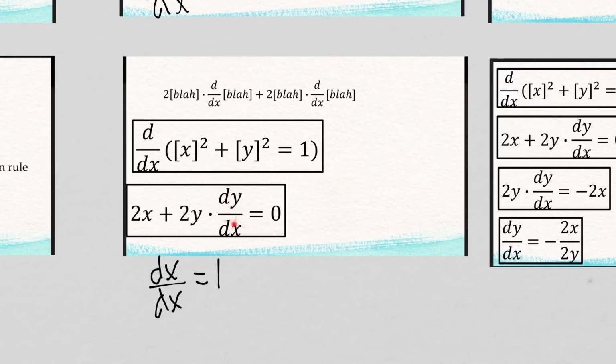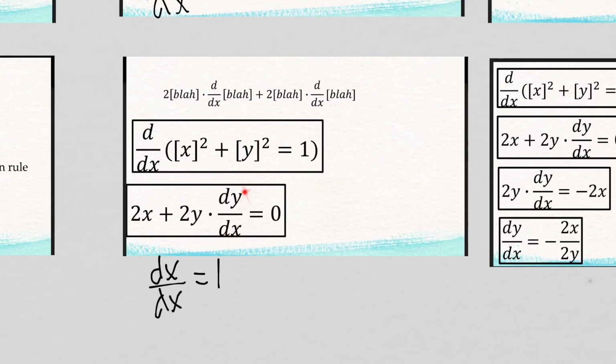We have no idea what dy dx is, so we just write it here. This is the derivative of y with respect to x, the derivative of this inside function. The derivative of y with respect to x is dy dx, and this is our part of the chain rule. The derivative of blah squared is 2 blah multiplied by the derivative of blah with respect to x, the derivative of y with respect to x. Okay, derivative of 1 is 0.